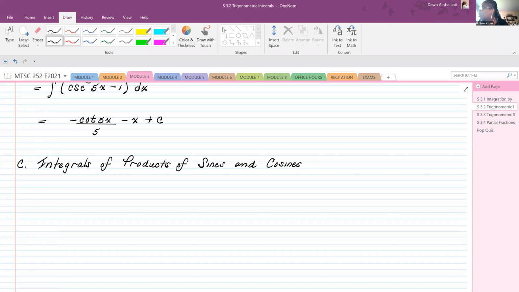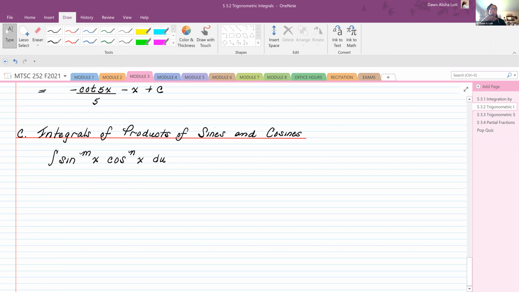So what I want to integrate is the integral of the sine of mx times the sine of nx, times the cosine, I apologize, cosine to the n of x dx. All right, so this is what I want to integrate.